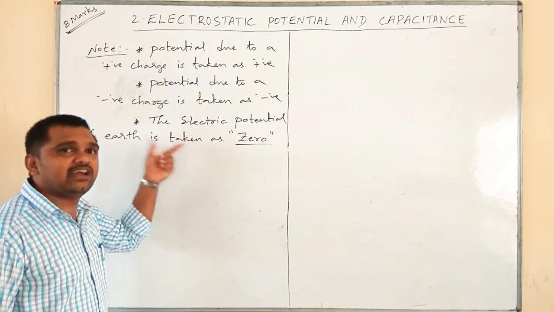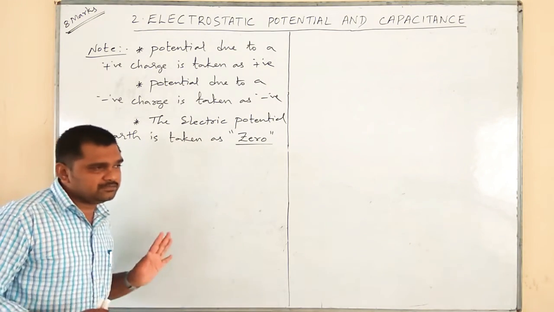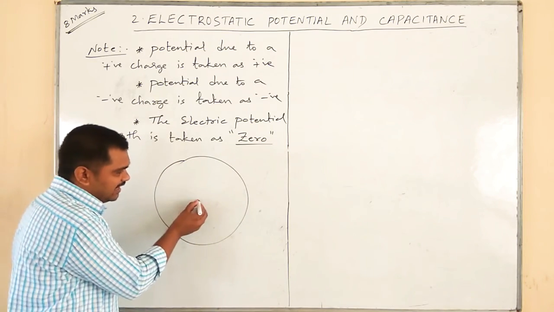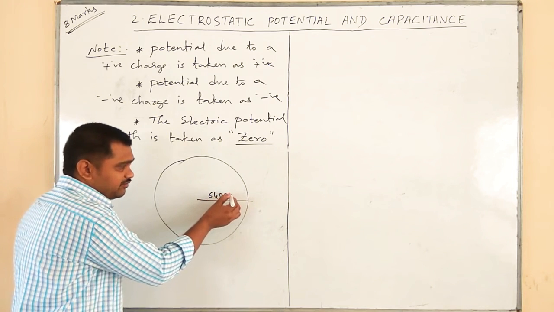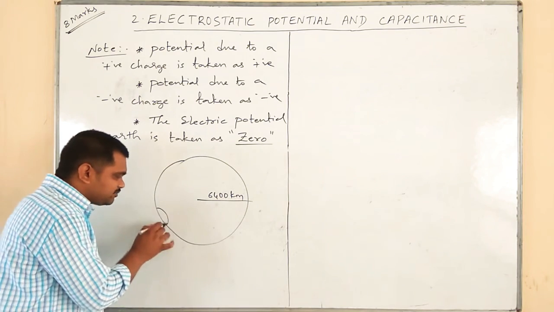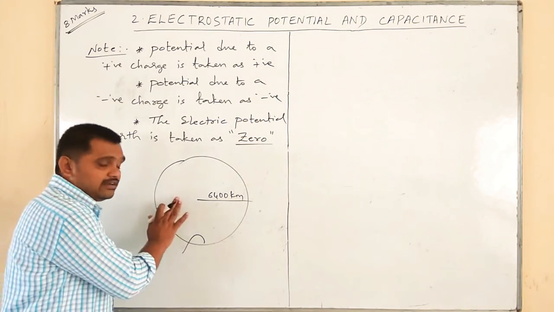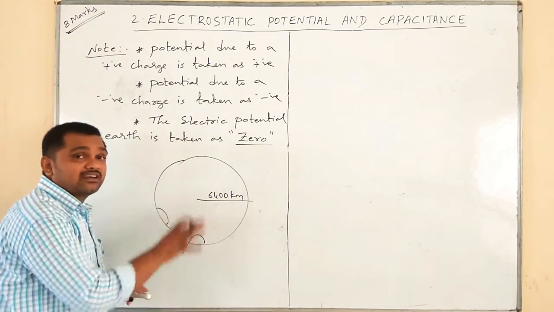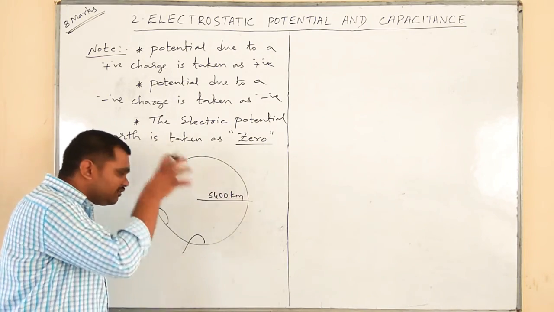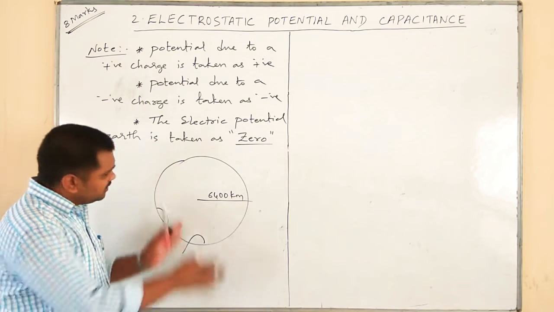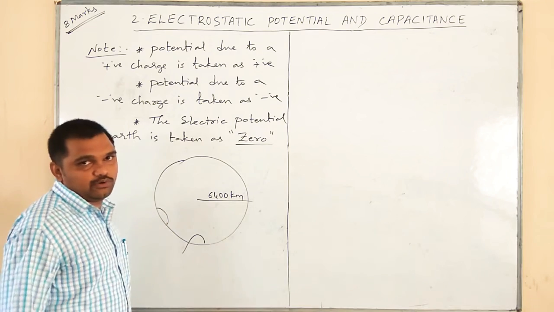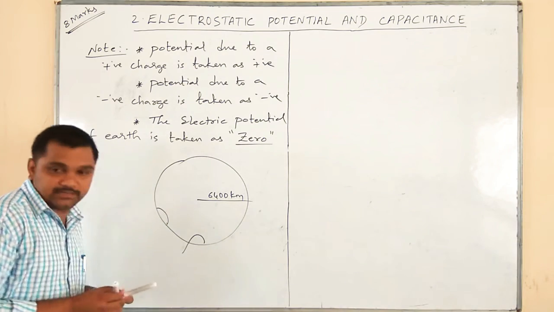Actually, we have considered it as 0 because our Earth is a big spherical reservoir having a radius of approximately 6,400 kilometers. In this huge reservoir, if we add some charge or remove some charge, it makes no difference to its electrical status. Therefore, even though we are adding charges or removing charges from the Earth, we take the electric potential of our Earth as a big zero. Please remember this. Okay, fine. Next.